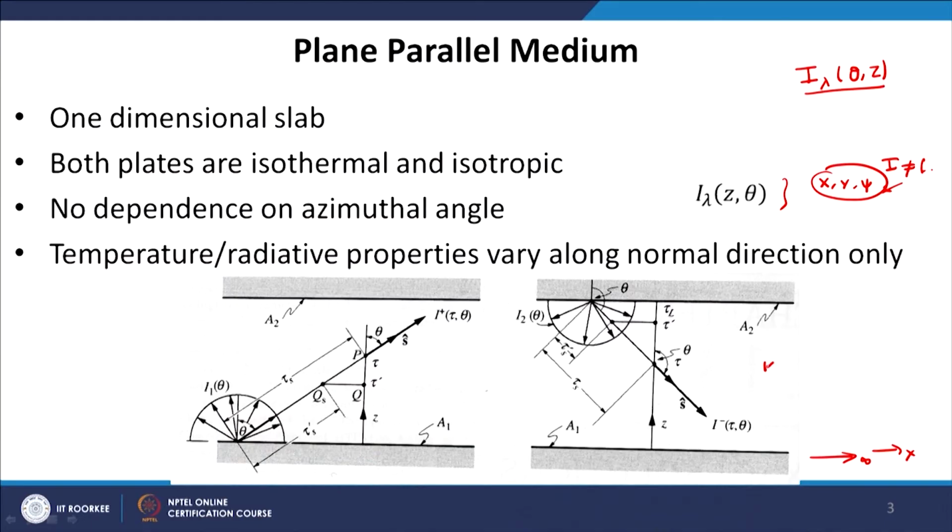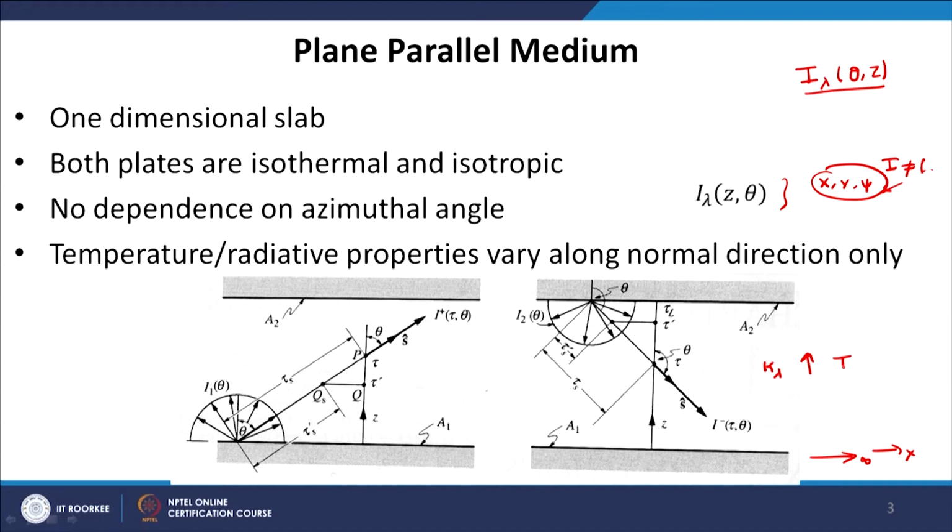The space, the medium between the 2 plates is filled with a gas with absorption coefficient, let us say kappa lambda. The spectral absorption coefficient is kappa lambda and it is uniform. The temperature of the medium is also uniform, but it may vary in the z direction.